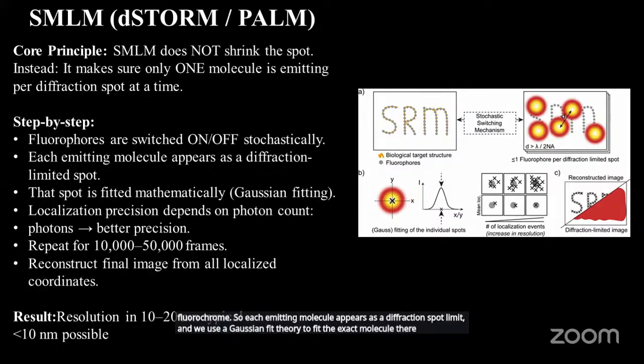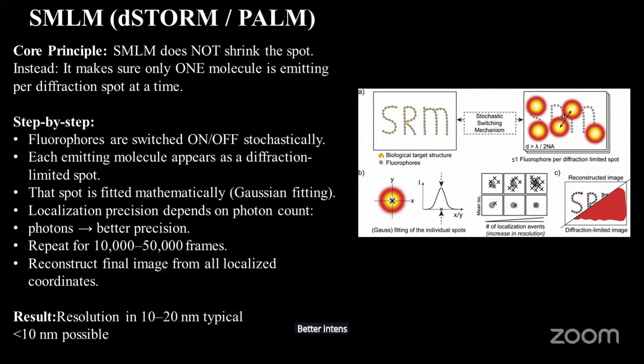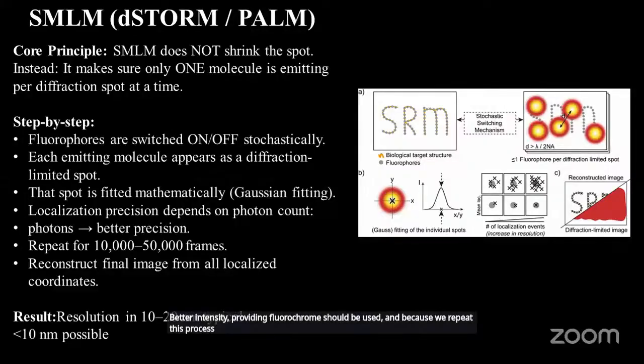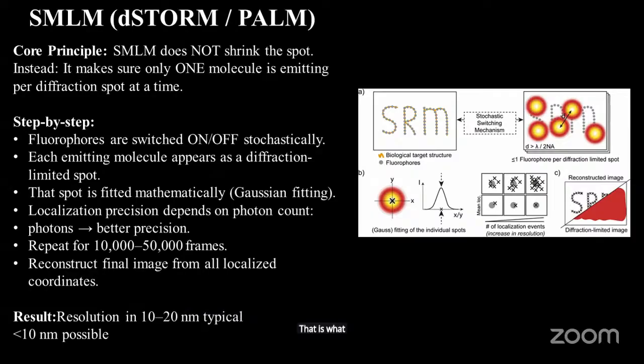The photon count matters a lot, so a fluorochrome providing better intensity should be used. Because we repeat this process 10 to 50,000 times to get the super-resolution image, the file sizes are really big, but the image clarity you get will be the best. So that is what you do in SMLM.